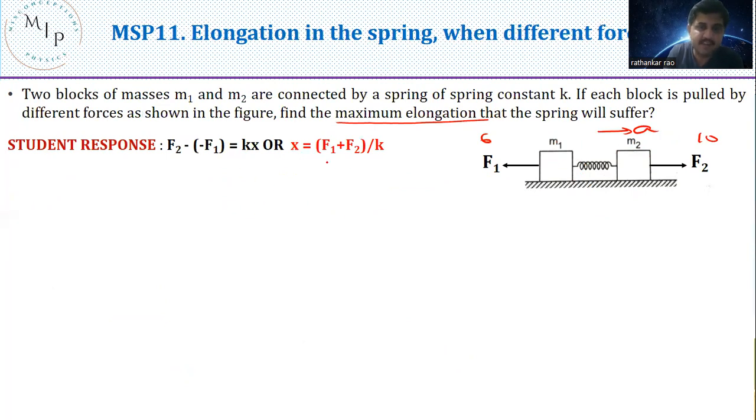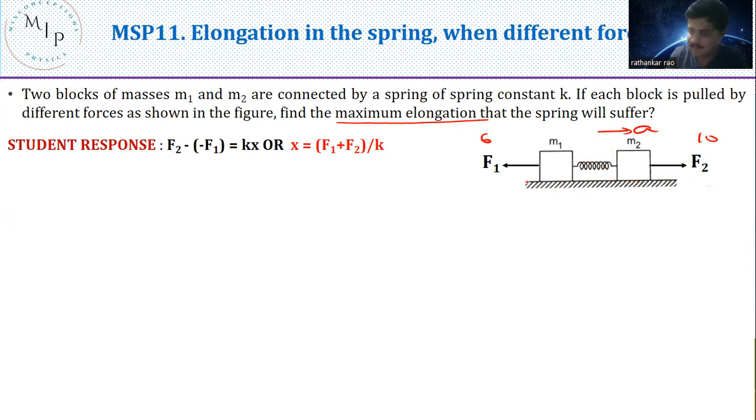When I apply this method, it means that one mass is moving like this and the other mass is moving like this, and they're not moving together. That is incorrect, because when you have unbalanced forces, the entire system will move in the direction of the larger force. This is a misconception you have missed. See how basic the differences are.